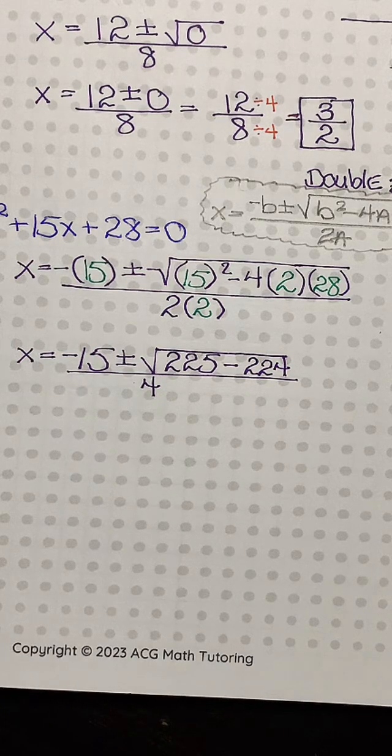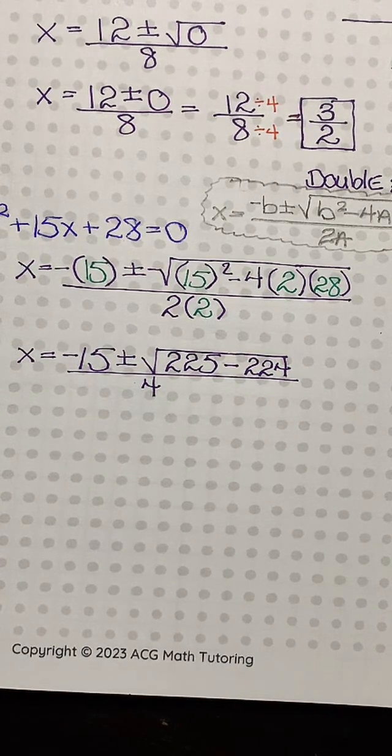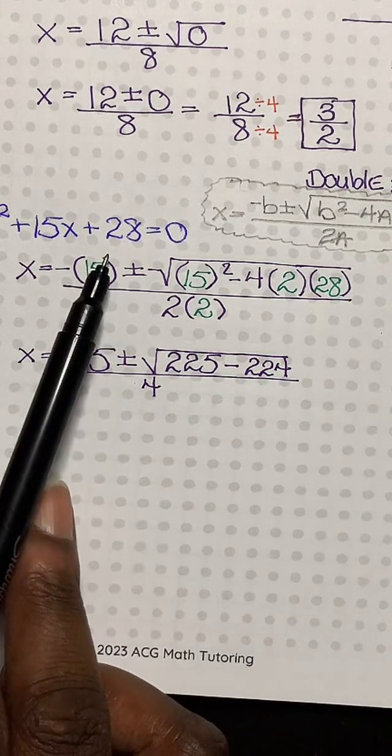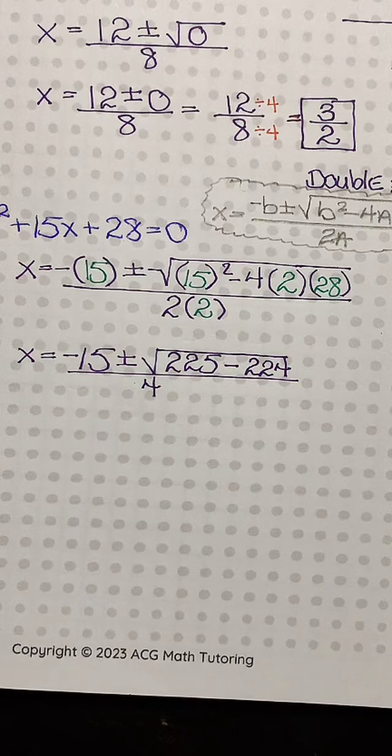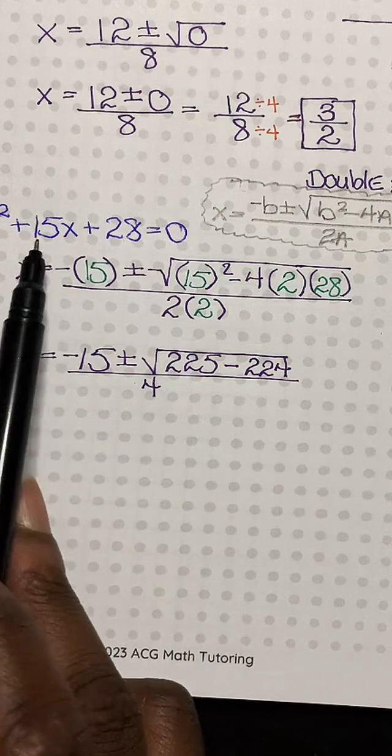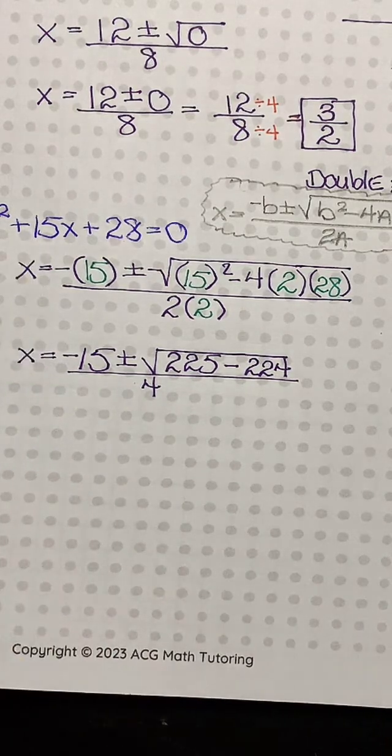Can you do an A times C method for this? You probably could. Now, if I did 28 times 2, that would give me 56. And then I would have to think, what two numbers multiplied together will give me 56 and add together to give me 15?